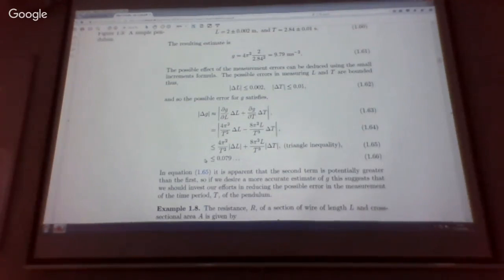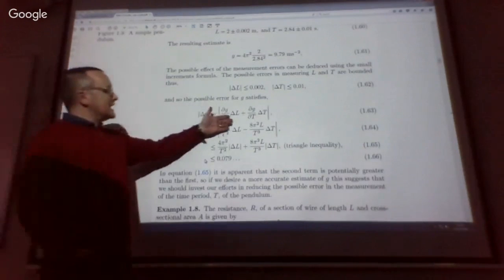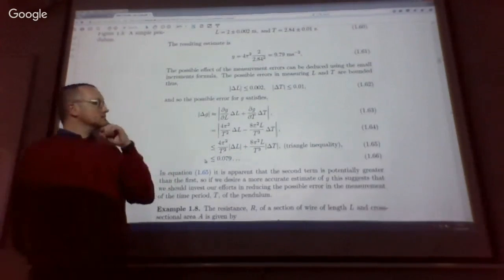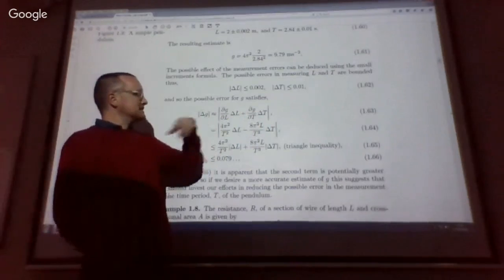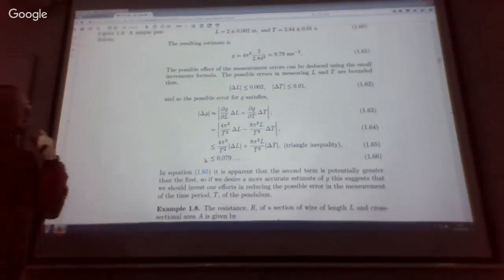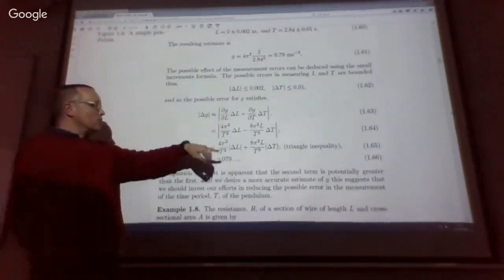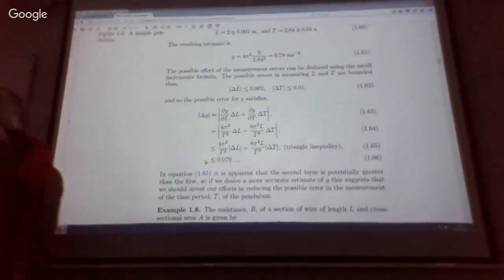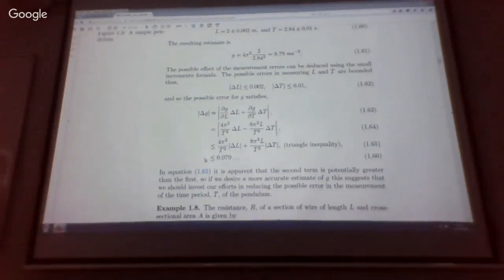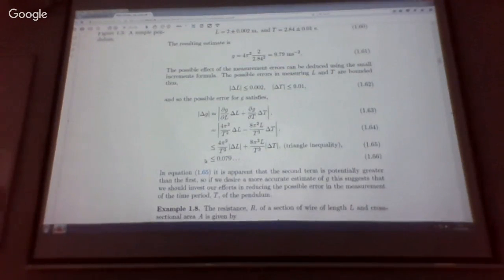What the small increments formula can tell us is it can approximate for us what the associated error is, so here the delta G, the delta L, and the delta T denote the errors in measurement. The small increments formula can allow us to get an upper bound, some expression of how bad the error in the approximation of G could be.